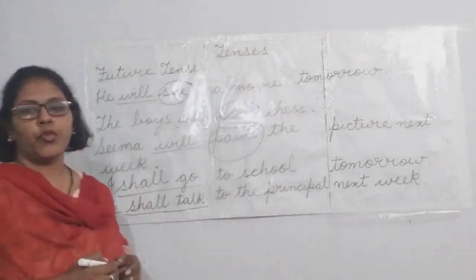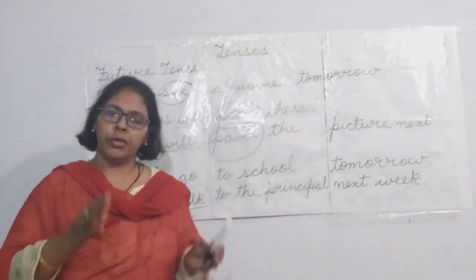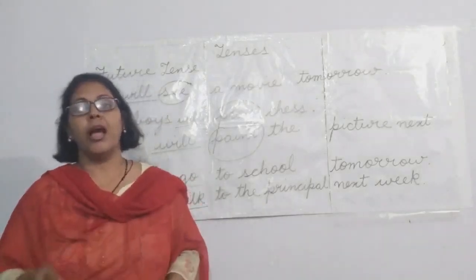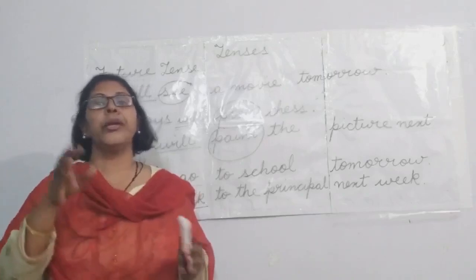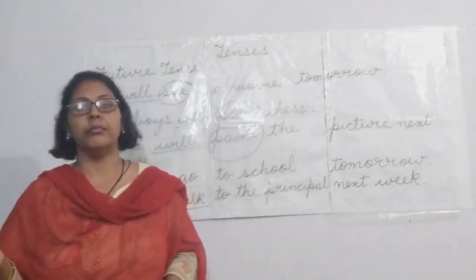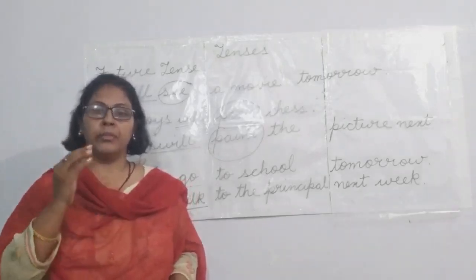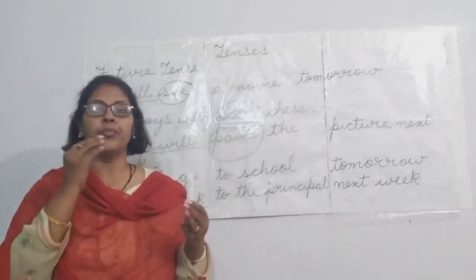Okay. So I hope children you have understood the meaning of verb. It's known as also action words. Okay. And then how action words need helping verbs. Okay. Like we have I, am, is, are. Again I am telling you.